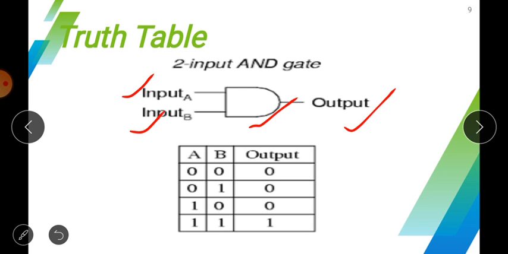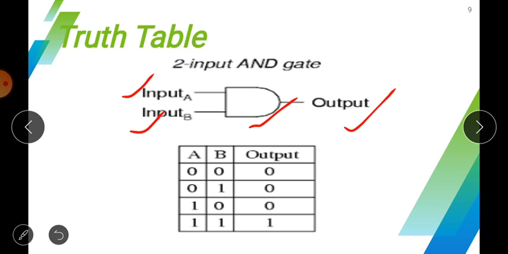So if there are two inputs, you will have the output for every combination. Means if you are giving 0, or there is absence of signal on both the inputs, what will be the output? If one signal is present and the other is absent, then what is the output? And similarly, if both the signals are present, then what will be the output?